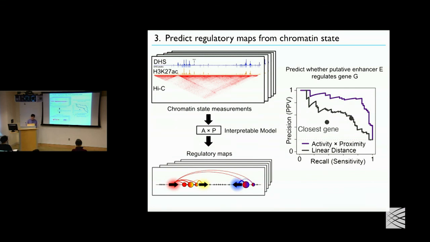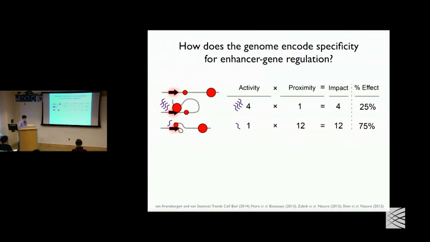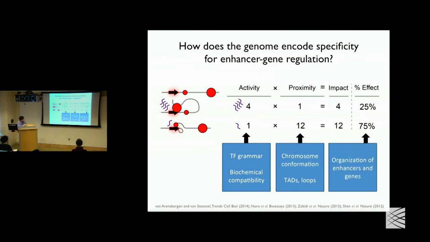There of course is much to be explained here, but I think we're making good progress to understanding it. There are a lot of additional factors that we need to understand that might improve the performance of this model further. It's possible that there is a contribution of biochemical compatibility that might tweak the effects of specific enhancers on specific genes.